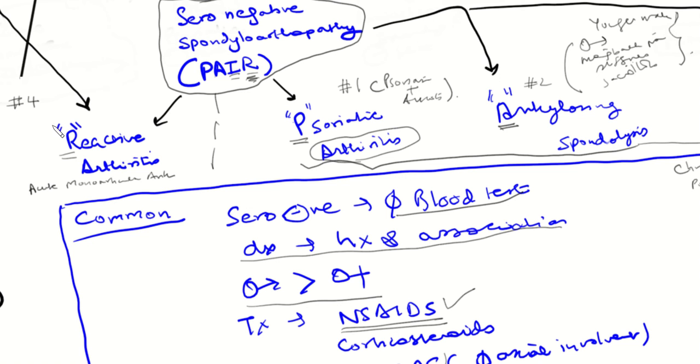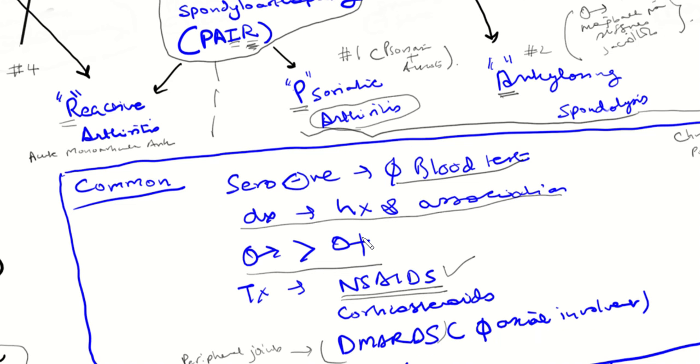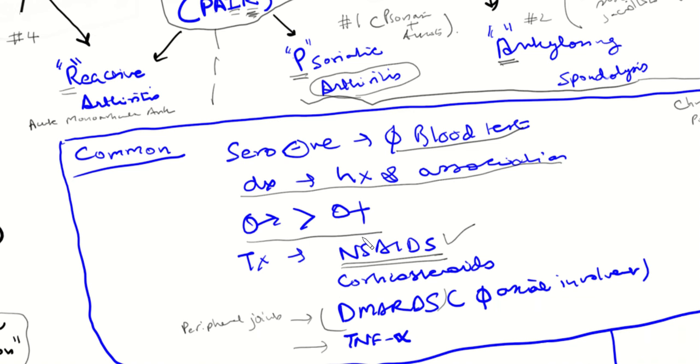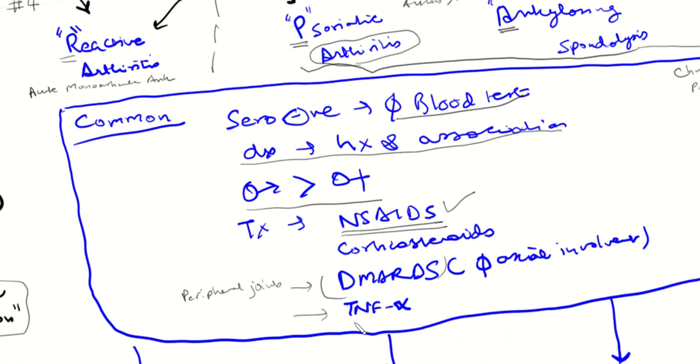Reactive arthritis is the only acute monoarticular arthritis. What's common? They're all negative for blood tests. It's just history, more males than females, treated with NSAIDs. And if there's peripheral joint involvement, DMARDs and tumor necrosis factor alpha.